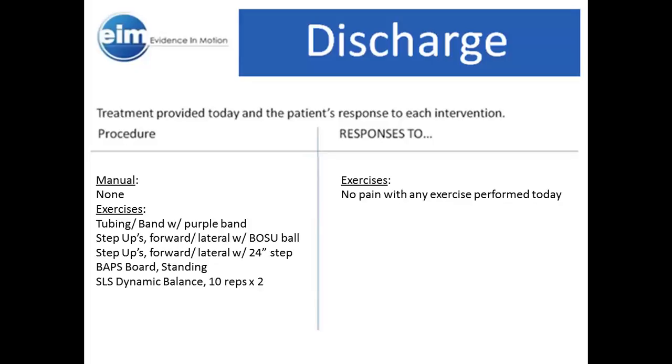Had him do the BAPS board standing, and performed a dynamic single leg balance exercise, going forward and backward to both sides. All the exercises were negative in reproducing any pain, and I felt confident that the patient was able to progress at home in a self-directed home exercise program.